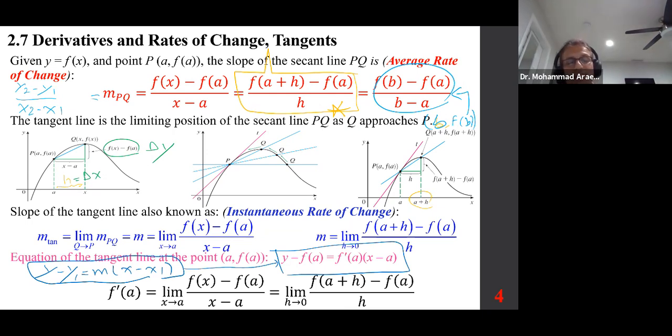We want to realize it's the same thing. Do I have to memorize the new one? Either way is fine. This is also called linearization, and sometimes when they calculate the y, they call it capital L, L of x, linearization. So the moment you hear linearization, it simply means find the tangent line.